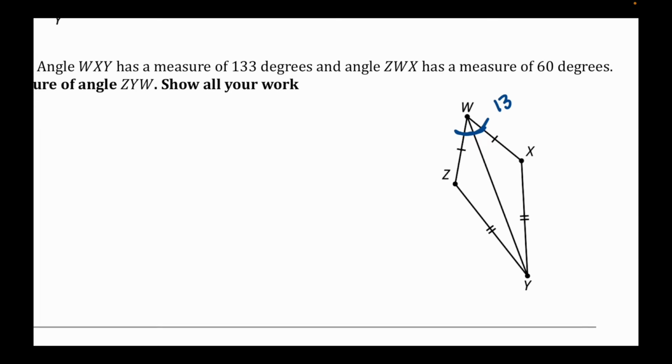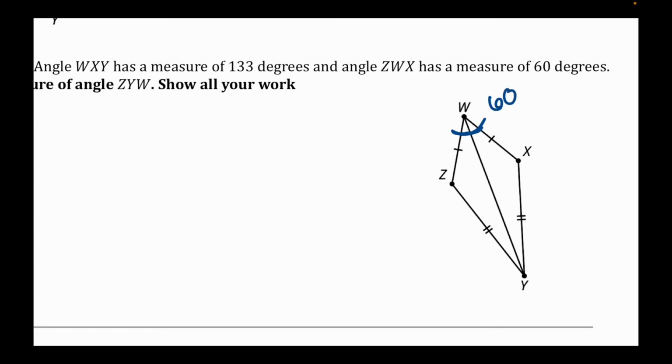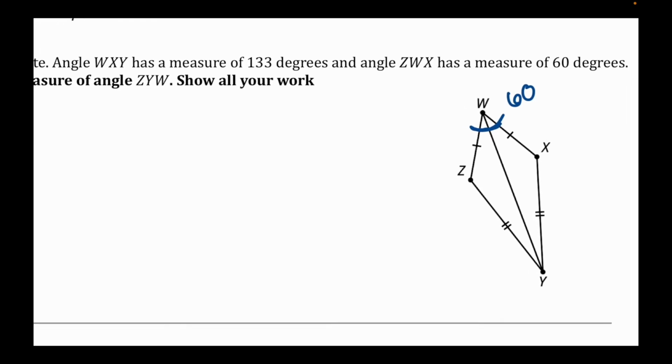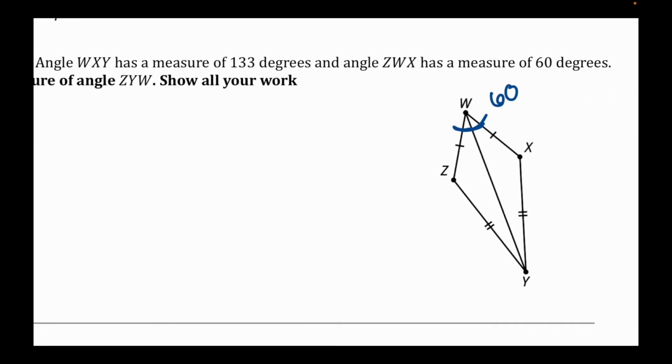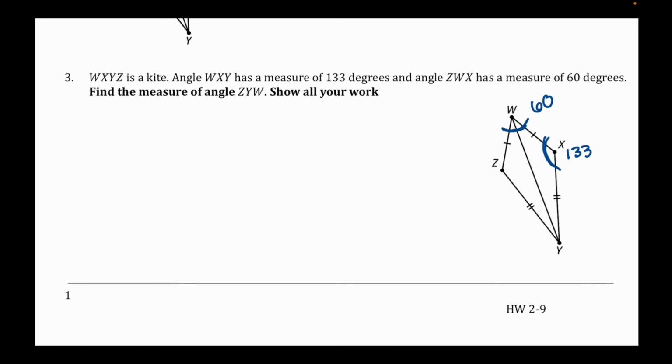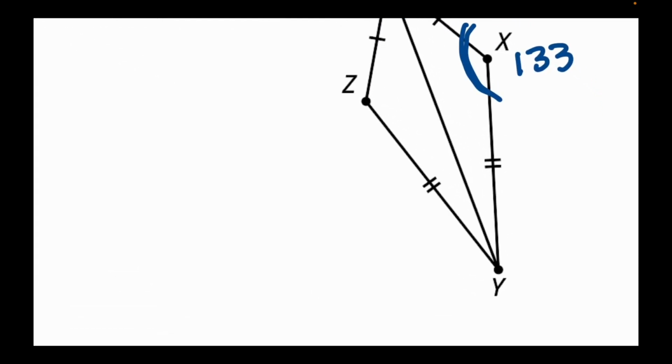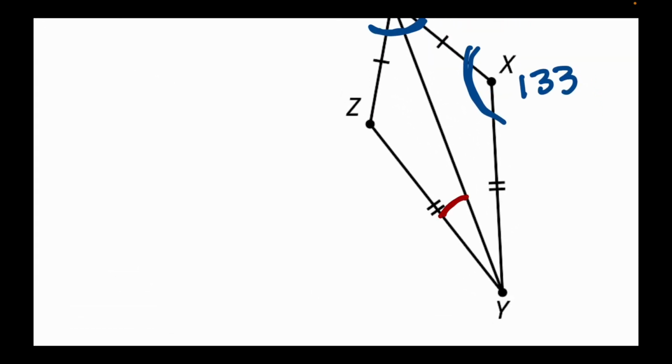Oh no, oops, I'm labeling the wrong one. That one has the measure of 60 degrees. WXY is this one here. This is 133. And they want us to find ZYW, which is this one down here in the corner.